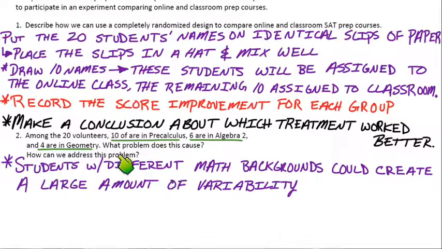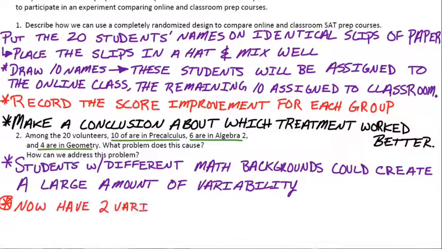How do we address it? Well, originally we just wanted to compare online versus classroom style. So now we're going to have to look in each group and do a little experiment in each one of online versus classroom. So that's similar to, you could say, stratifying if we were talking about samples, but we're not talking about samples.